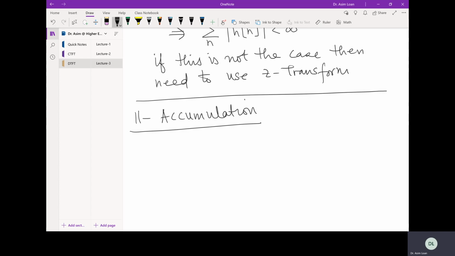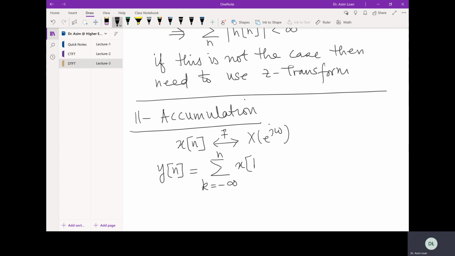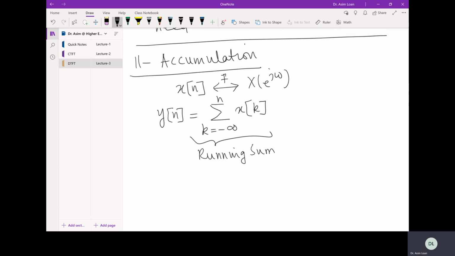So in accumulation, x of n has a Fourier transform x of e^jω. y of n is the sum from k equals minus infinity to n of x of k, and if you recall, this is the running sum, which was the running integral in the case of the continuous time Fourier transform. So the Fourier transform here is y of e^jω.